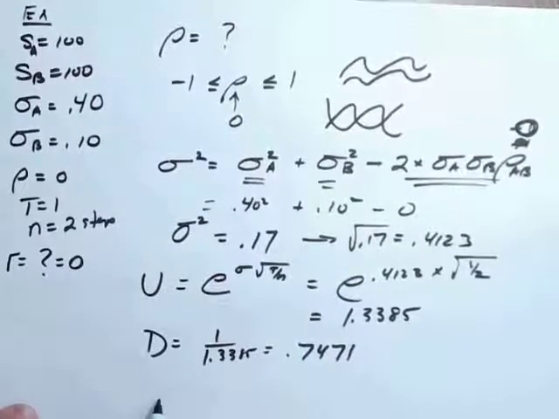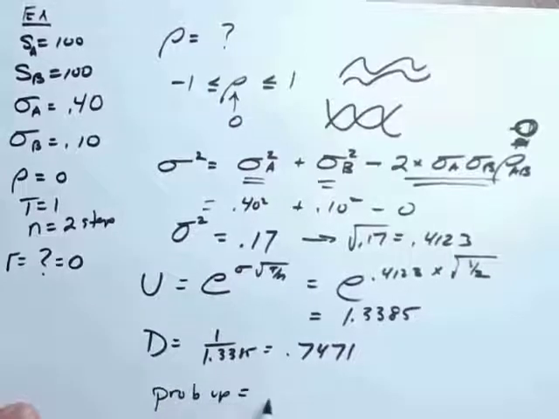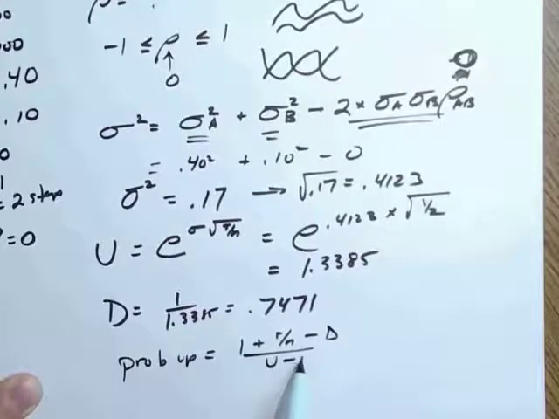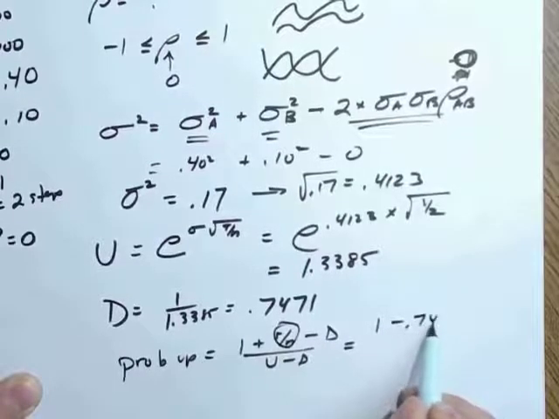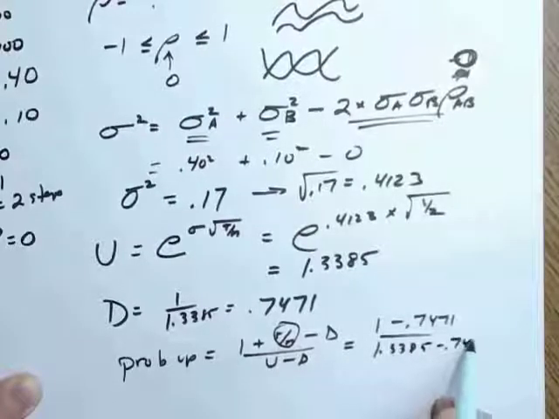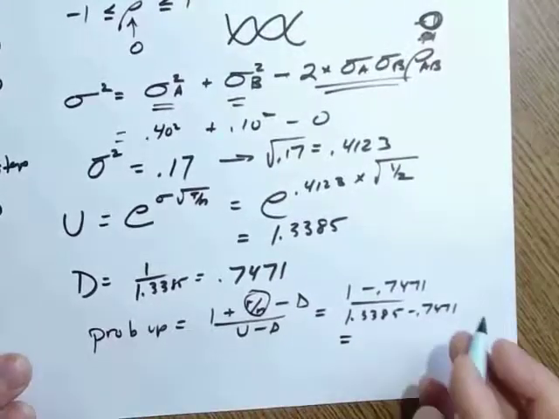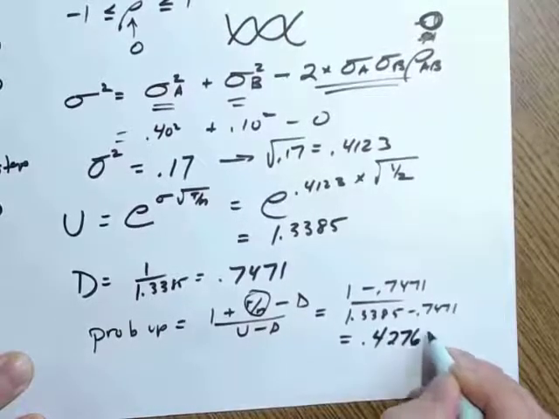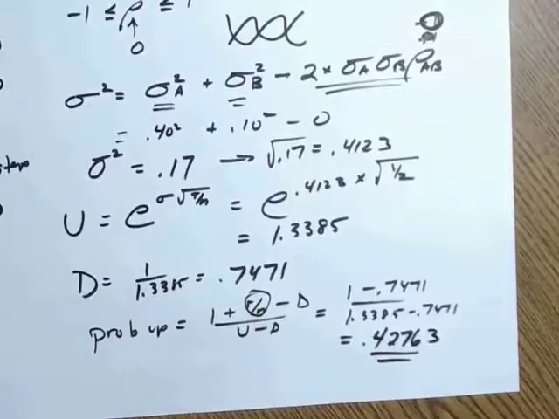In that case, the probability of going up, remember, was 1 plus r divided by n, the opportunity cost of money per step, minus d, over u minus d. This whole term will be 1, minus 0.7471, over 1.3385 minus 0.7471, and we get 0.42763. The probability of going up is almost 43%, which means the down is about 57.